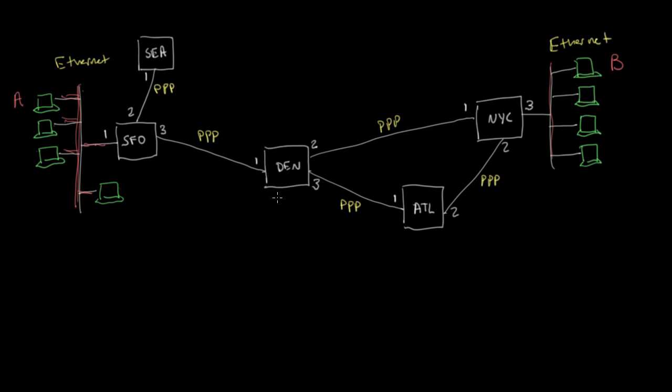So what we need is some other type of address that isn't specific to Ethernet or to PPP that we can use across this entire network. So if host B has some sort of universal address that's understood everywhere, then all of these devices in the middle, these routers in the middle here, would be able to use that address to forward data to the right place.